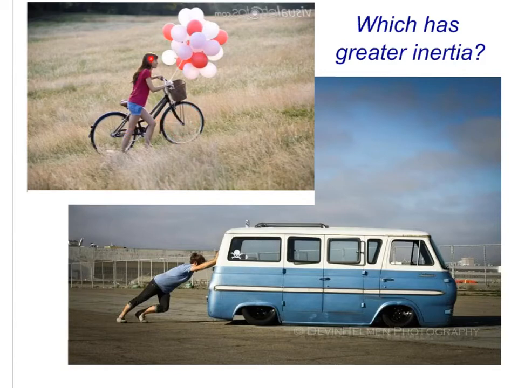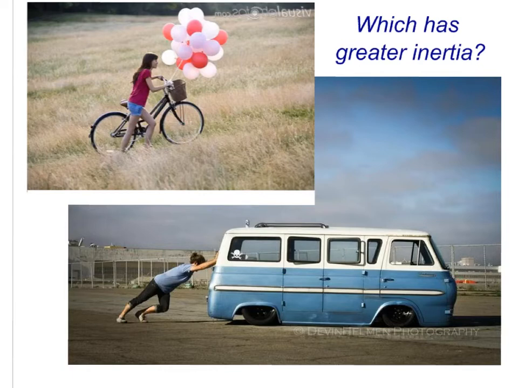It requires less force by this woman to move that object, whereas this has greater inertia, and it is going to require a greater amount of force exerted by this woman in order to move this object. So mass definitely has something to do with inertia. The greater the mass, the greater the inertia. And that is true whether it's still or whether it's moving. In these cases, these women are trying to move these objects, but it could be the same for trying to stop the object as well.